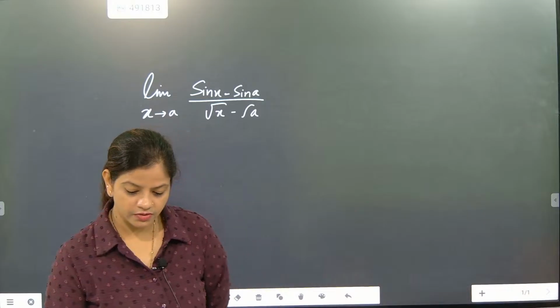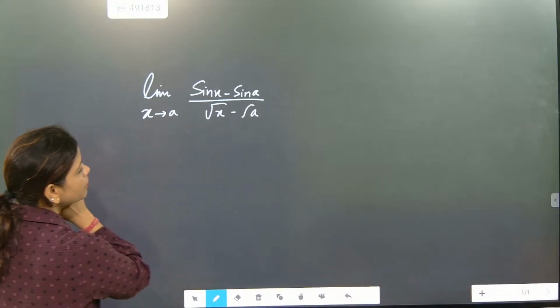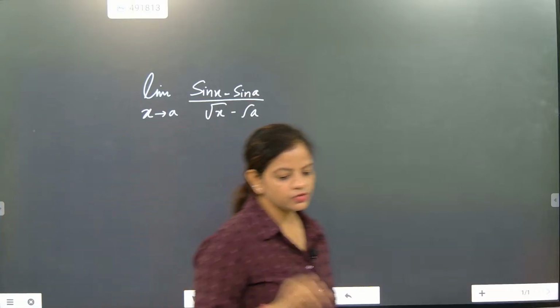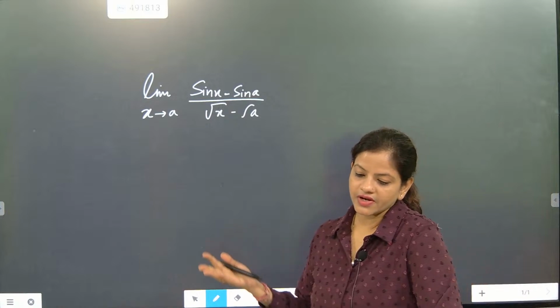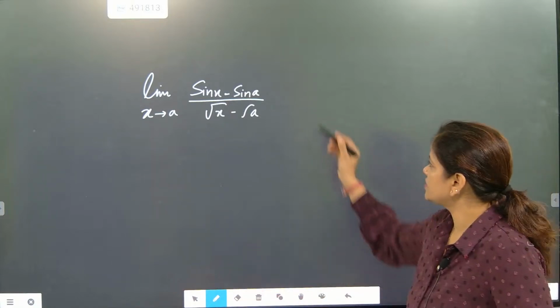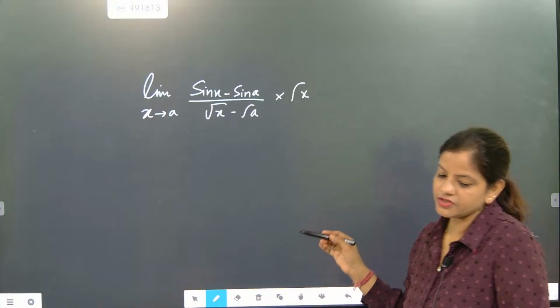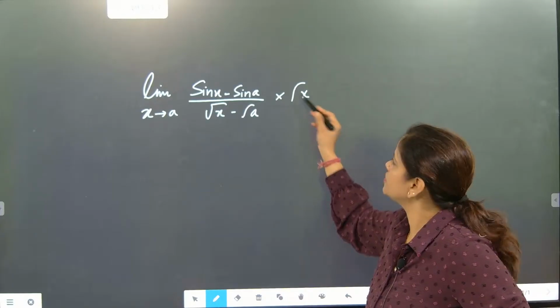Try this question out. See, this part now, what they need here is sin x minus sin a over root under x minus root under a. What we can do to separate it out is rationalize it. The simple method here is rationalization. What is the meaning of rationalization? Rationalization means whatever here is minus, we are going to substitute plus here.